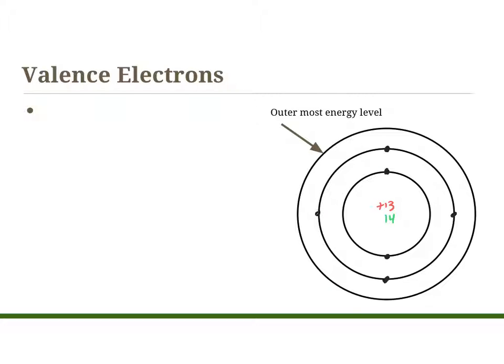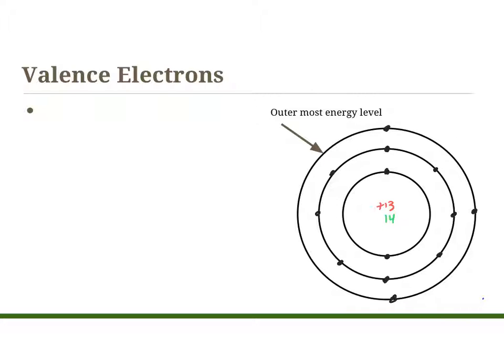And so once we've drawn this, we can now start talking a little bit more about valence electrons. Valence electrons are, let's see, what color would I like to use? Purple would be fun.